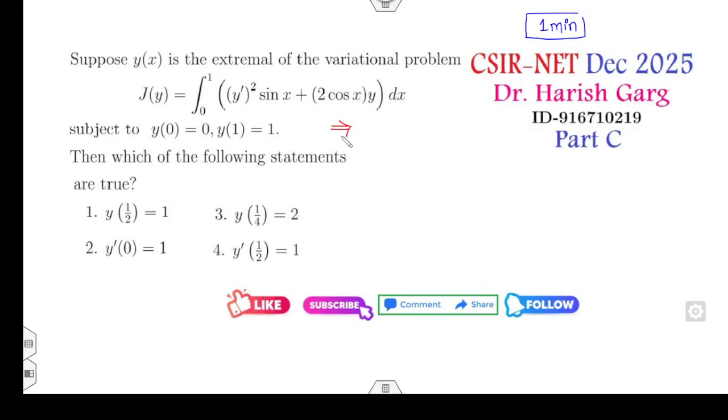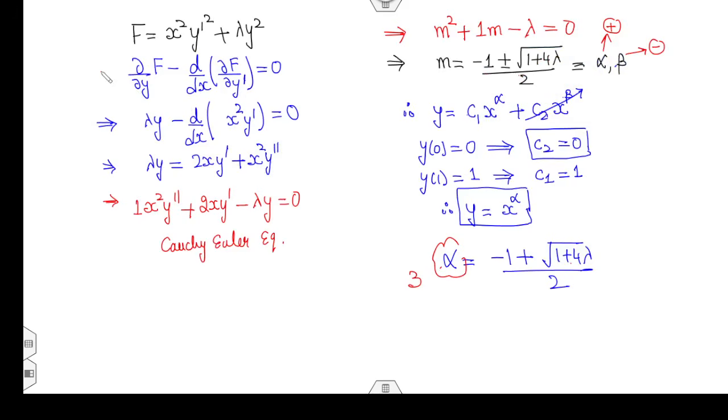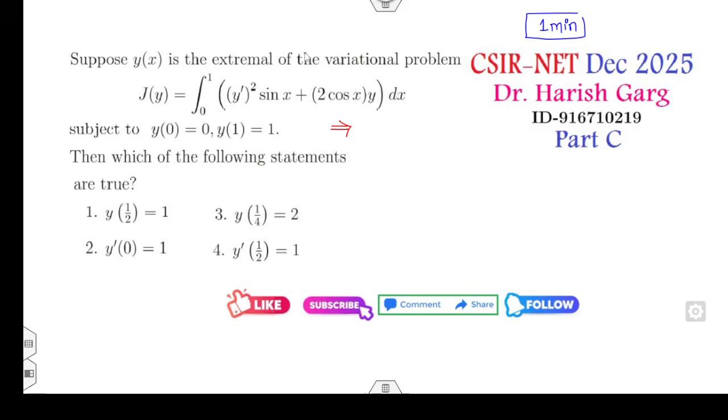Again, it's very simple. We can start with the Cauchy-Euler equation. Partial derivative with respect to y, which is 2 times cos x, minus d by dx of 2y prime sin x, which is equal to 0. I can put it on the right hand side because 2 I can cancel. Now since the right hand side is a derivative, I can integrate on both sides.